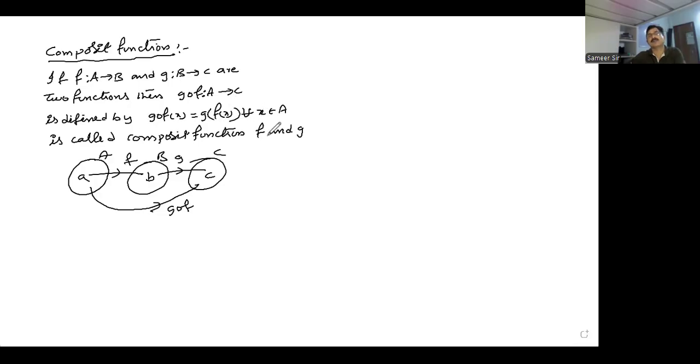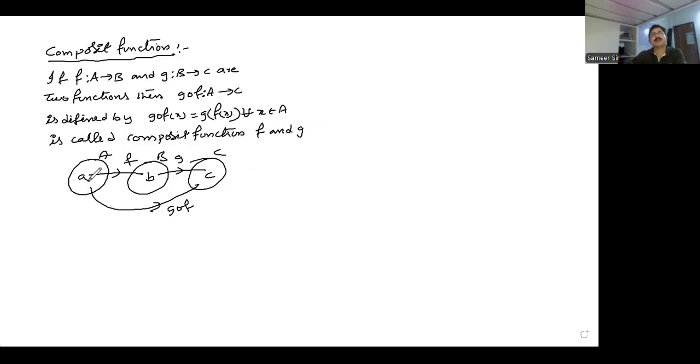It is called the composite function of f and g.